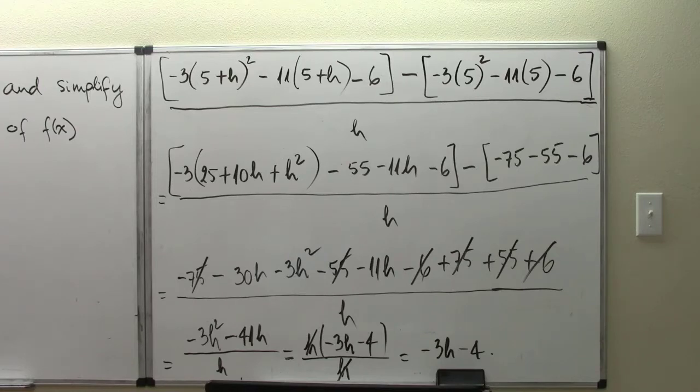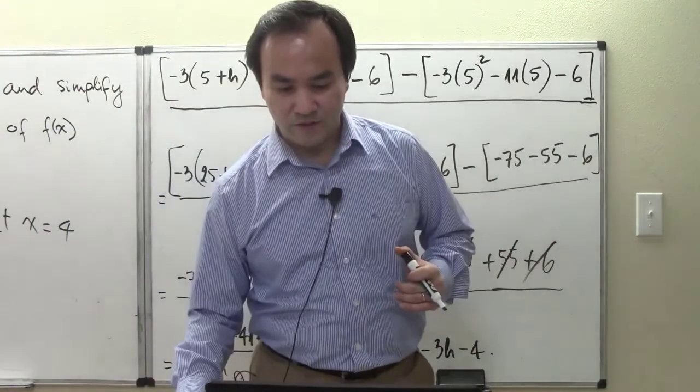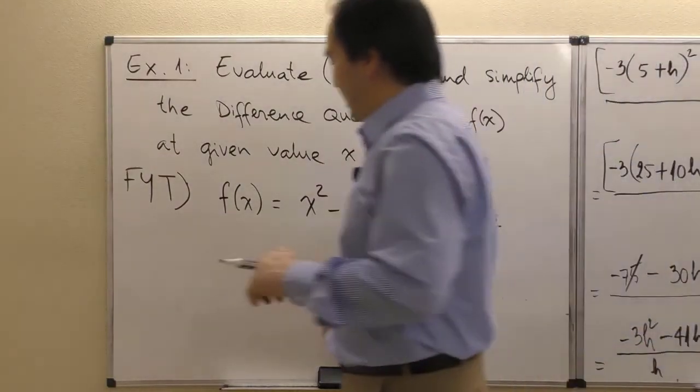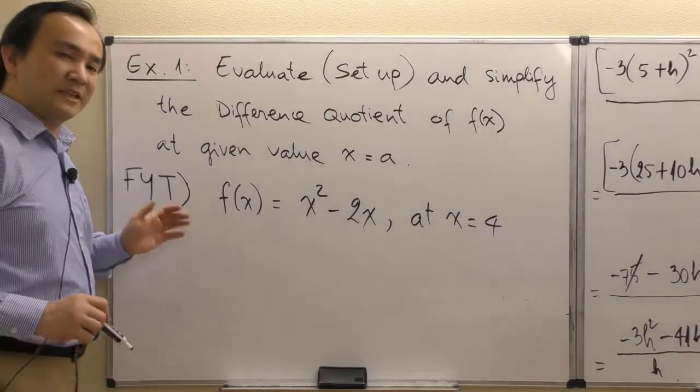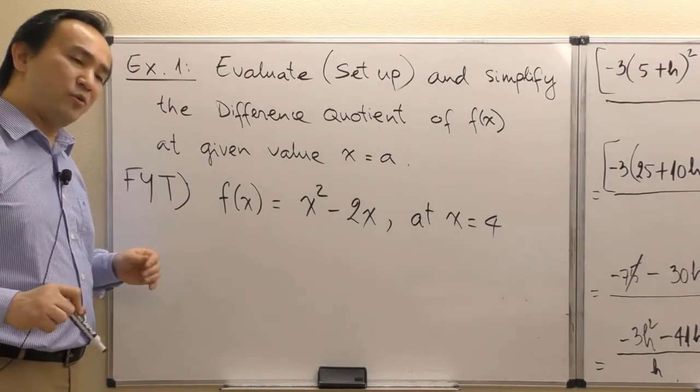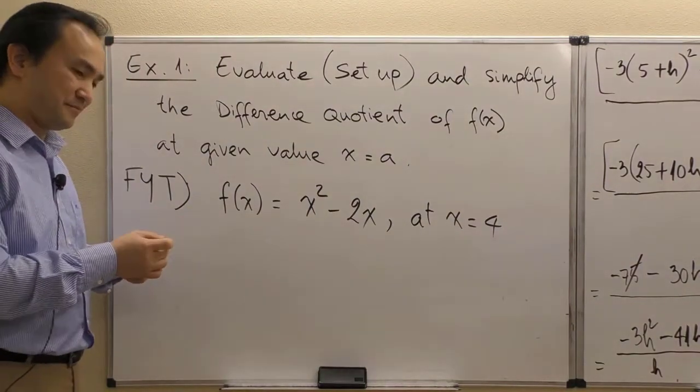And your function here, f of x equals, okay, at x equals 4. So now let me quickly turn on that board right there so everyone can see your FYT problem. So go ahead and pause the video. I'm going to quickly step away and I'll be right back with your answer.